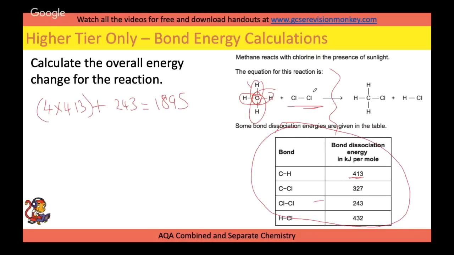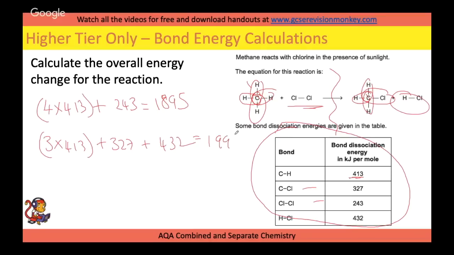For the right-hand side, we need 1, 2, 3 C-H bonds, so 3 times 413. Add that to 1 C-Cl bond, which is this one, 327. And add that to 432, which is this final bond. And you end up with a total of 1998.